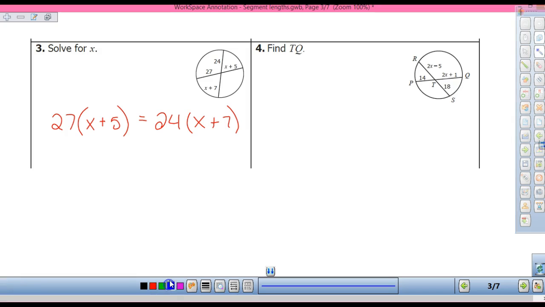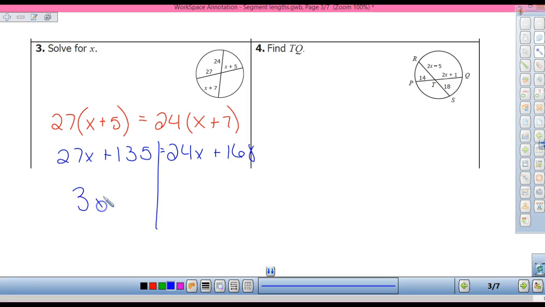So multiply that out. 27x plus what? 135 equals 24x plus 168. Move my 24x, 3x equals, help me out, 33. X equals 11.